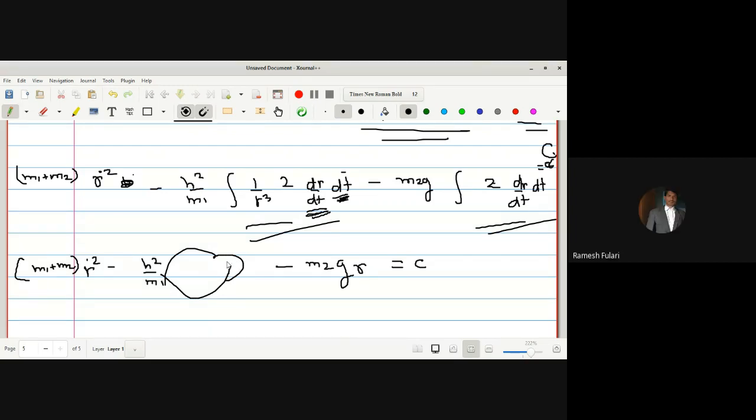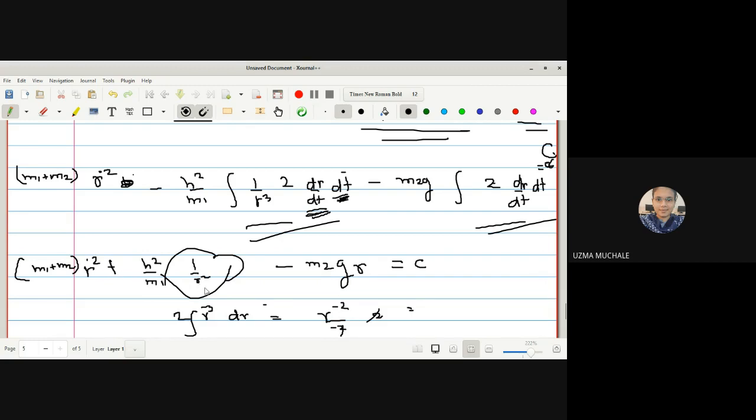1 upon r square. How do you do that? How can we write it? Integration dr r raised to 3, minus 3 and this 2 outside. So what is the integration of r raised to minus 3? It is r raised to minus 2 divided by minus 2, into 2. The 2 gets cancelled, so minus minus becomes plus.